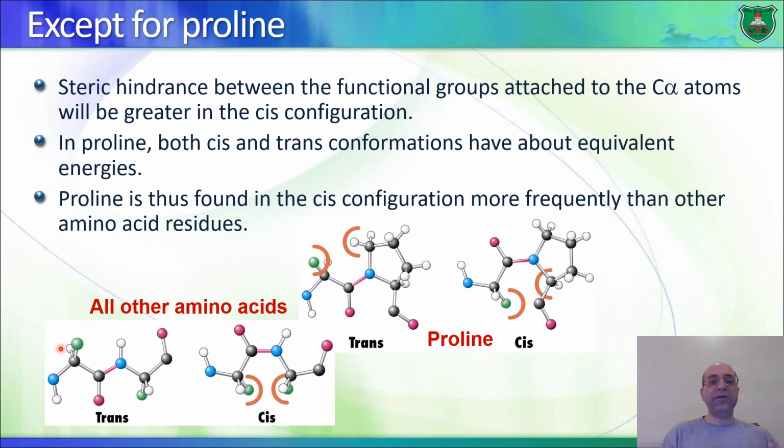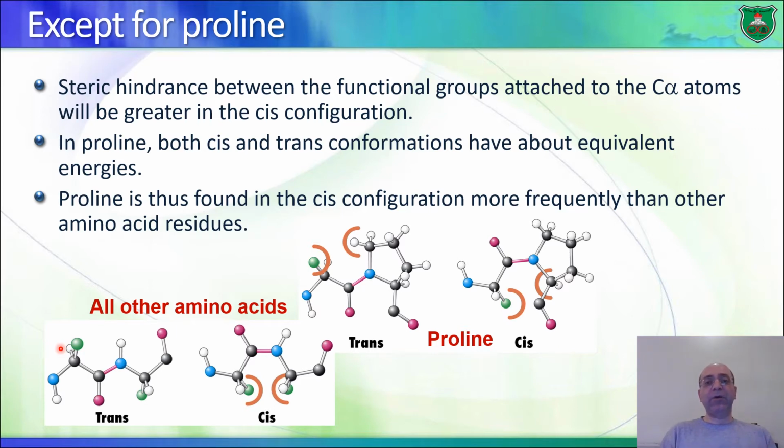The reason is that proline does not have an amide group, because the nitrogen of proline is occupied by 3 covalent bonds. So it doesn't have a hydrogen that it can donate in hydrogen bonding.